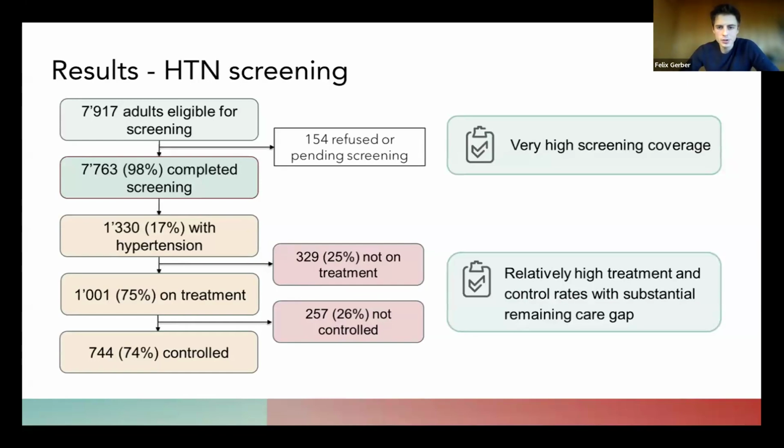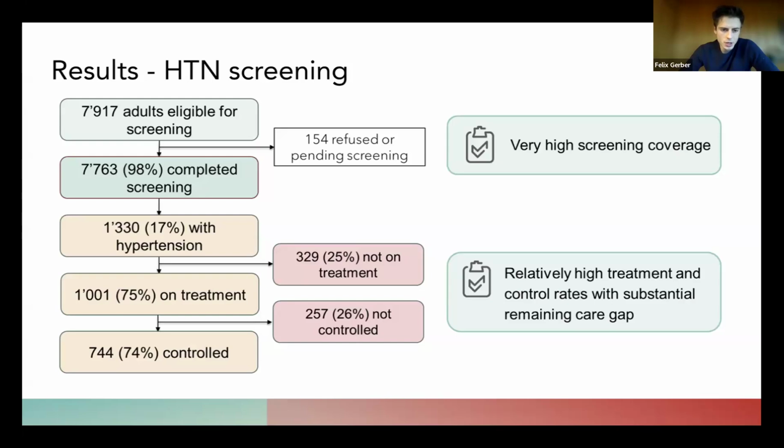And I think this is quite a strong point for community health systems, because obviously you could never reach such a coverage by just referring participants to a health facility, because many will never go, and also with outreach activities, usually you find maybe half, if you're lucky, half of the people in the village, because most of them are working in the fields and so on. So I think our community health workers did an amazing job to get an exceptionally high screening coverage.